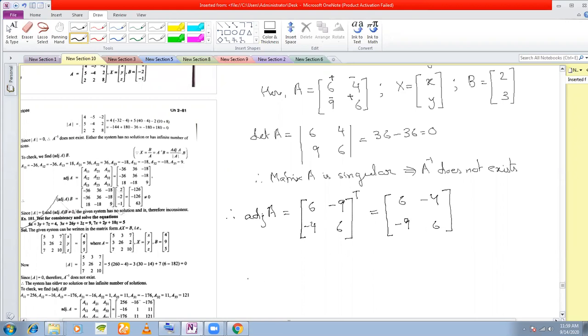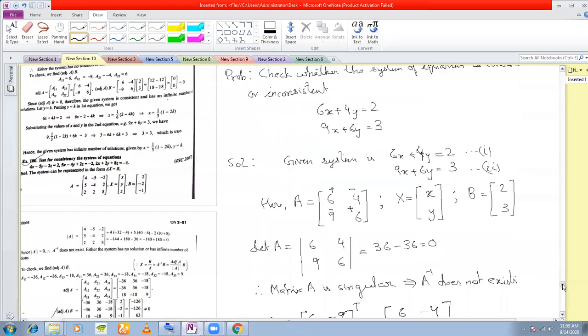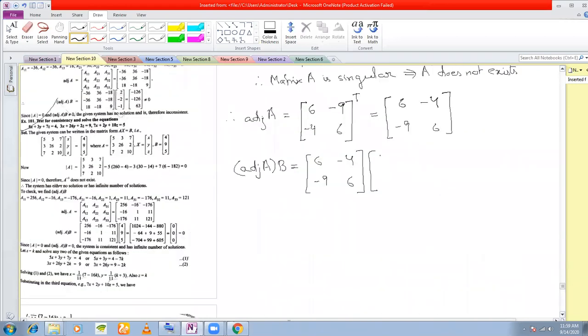Now we multiply the adjoint of A with B. We multiply these two. And what is the matrix B? It is [2; 3]. So let's check whether the product of these two is a null matrix or non-null matrix.